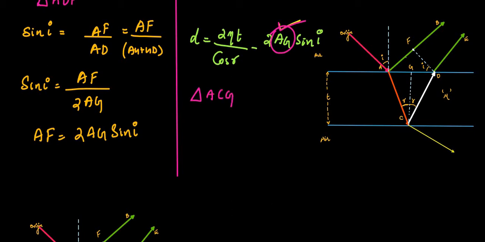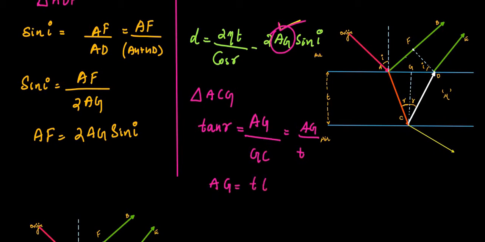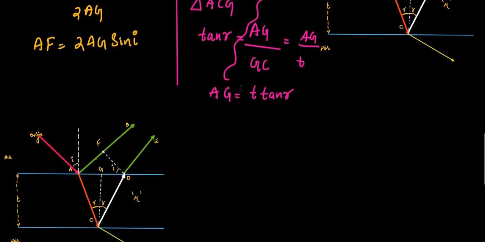From triangle ACG, I am taking tan R. Tan R is equal to opposite side AG divided by adjacent side GC, which is thickness T. So AG is equal to T into tan R. Now I am going to substitute this.